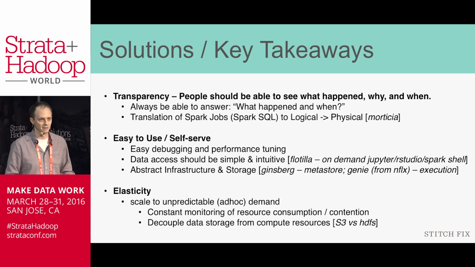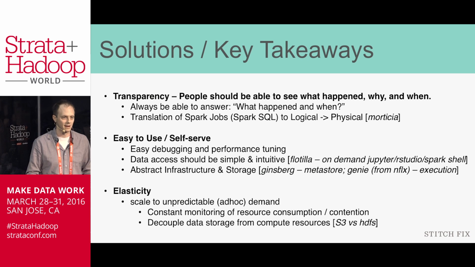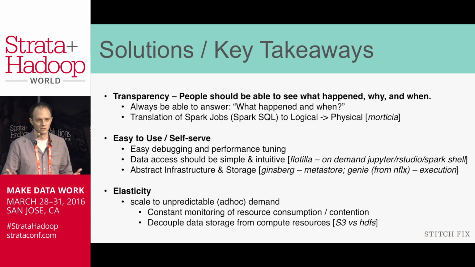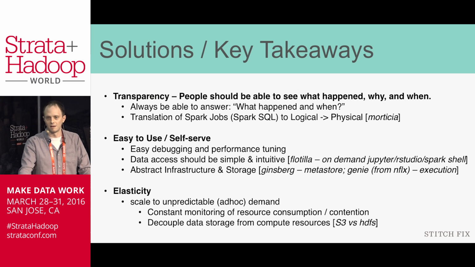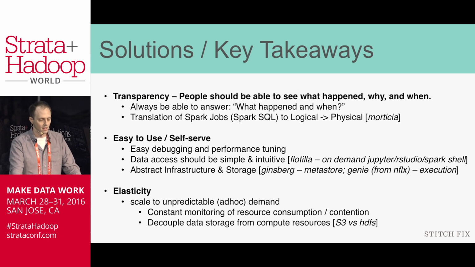You really want them working on engineering highly leverageable assets that make things easier to use and more self-service instead of getting bogged down with support. So you really want to make debugging and performance tuning easy. Again, that's something that Unravel is great at.